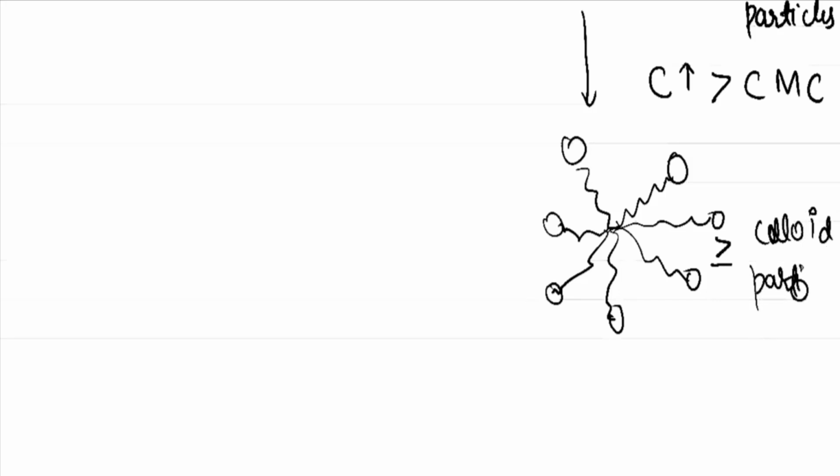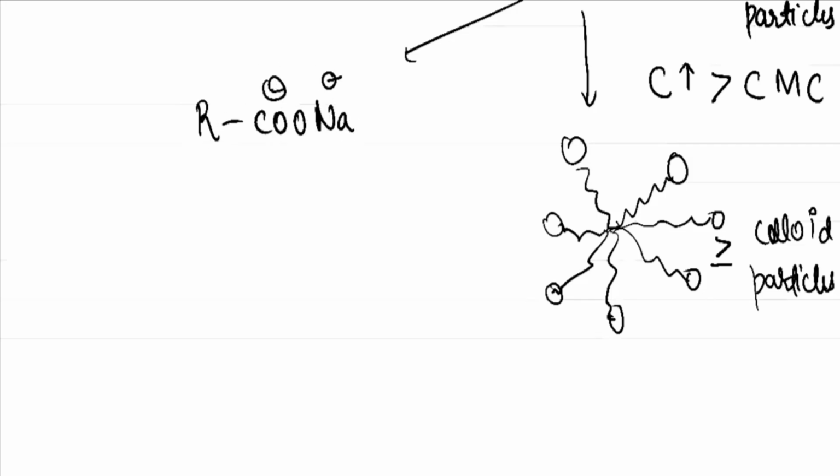Okay, so if we talk about these particles, like simply RCOONa, this is the polar part, and R is the alkyl group basically. So we are talking about this particle size, which directly depends on the surface area of the particle, this alkyl group that we are talking about.